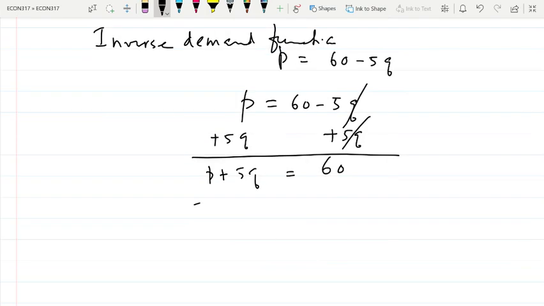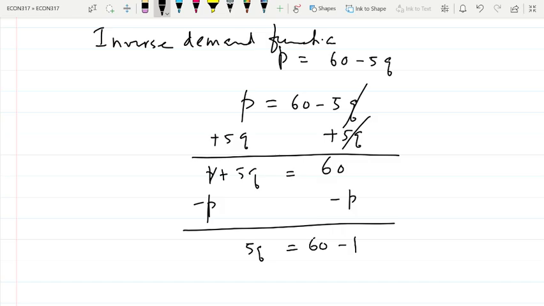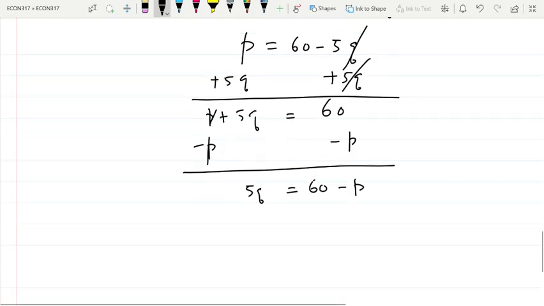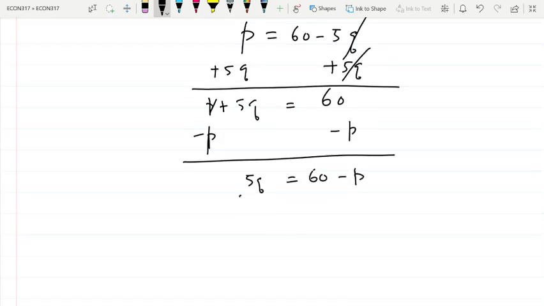I want P to move to the right, so I will subtract. What remains is 5Q equal to 60 minus P, and now I need to divide by 5 to obtain Q by itself on the left hand side.